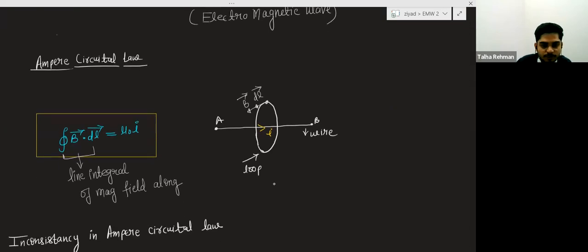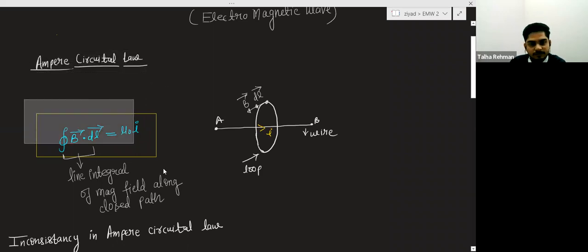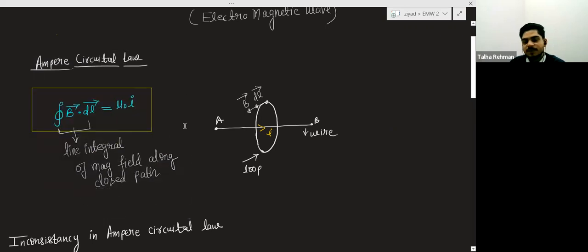This was given by Ampere. This is Ampere circuital law.